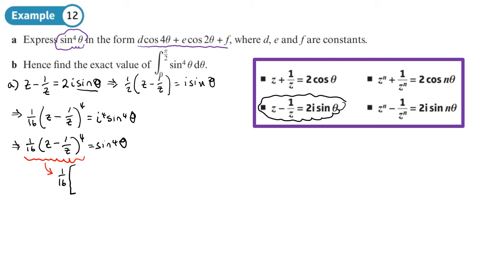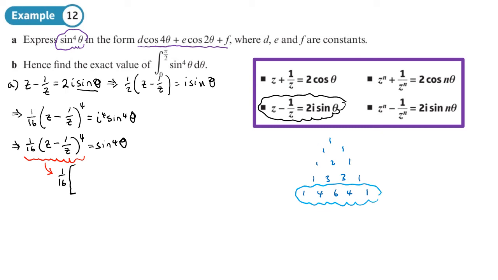Now again, I could use nCr, but I think it's quicker to do Pascal's triangle down to the 5th row. So I know that the coefficients, because I'm doing power 4, are going to be 1, 4, 6, 4, 1. That's quicker.